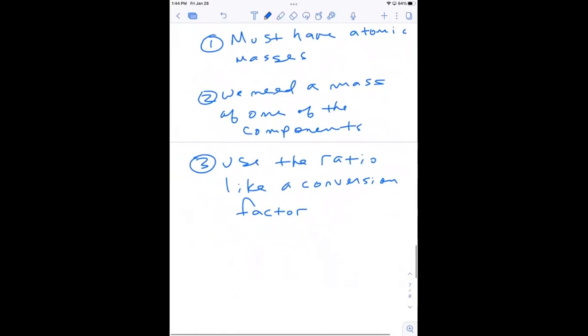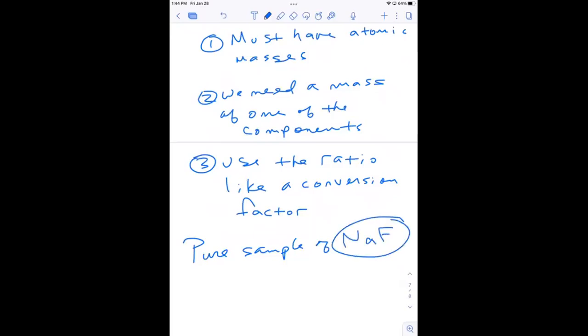Let's say we have a pure sample of sodium fluoride. You can see that this is a compound, right? There's two atoms of two different elements together, so that makes it a compound.